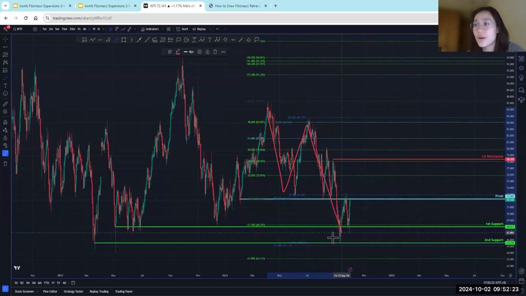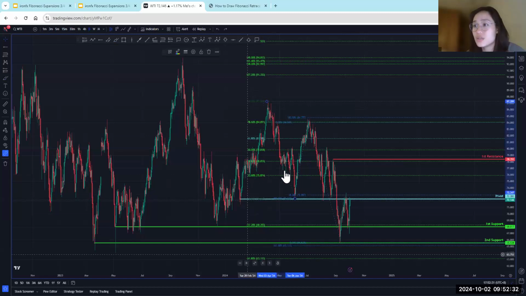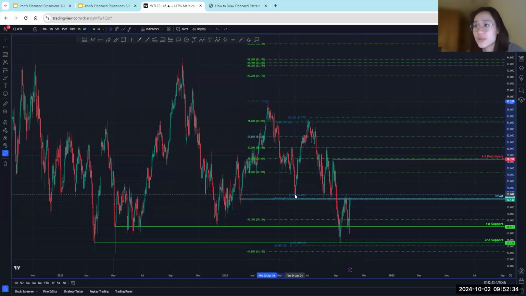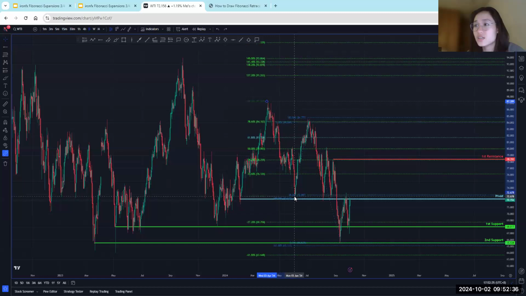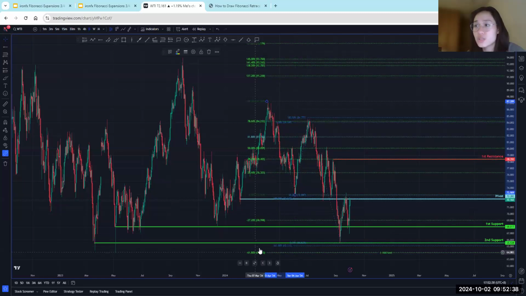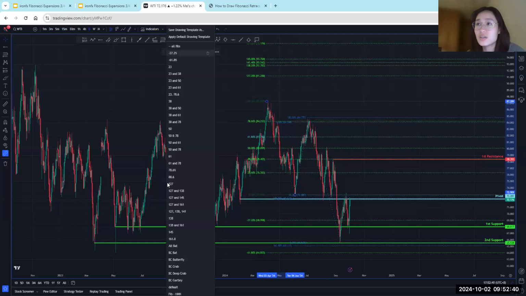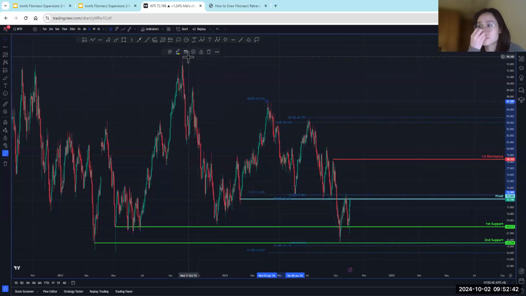But you can see here, price has broken out of it. So we can't use this level anymore. Although we might be able to use the minus 61, despite it being quite far from the first support, but we can leave it in for our second support, just for reference, I guess.